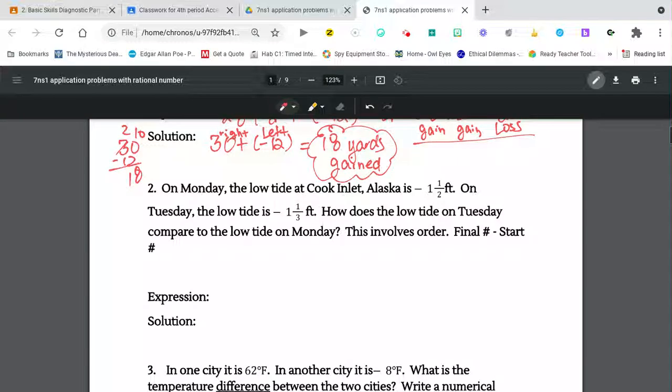Let's take a look at 2. It says on Monday, the low tide at Cook Inlet, Alaska is negative 1 1/2 feet. On Tuesday, the low tide is negative 1 1/3 feet. So the question asks, how does the low tide on Tuesday compare to the low tide on Monday? Okay.